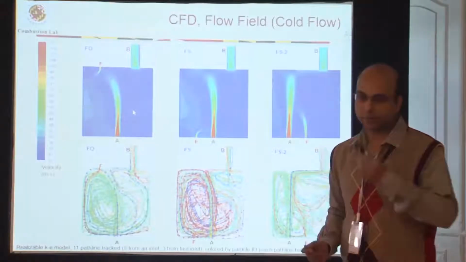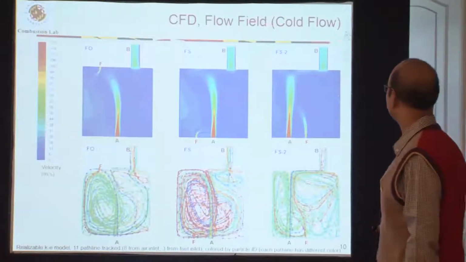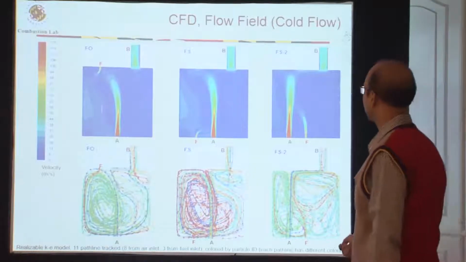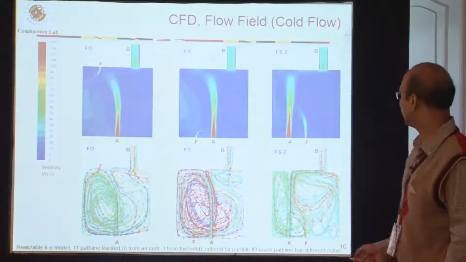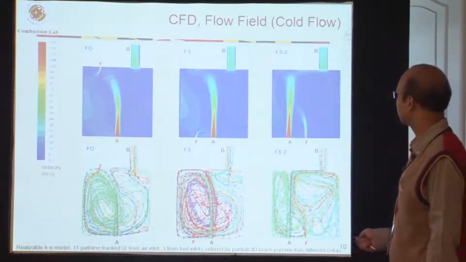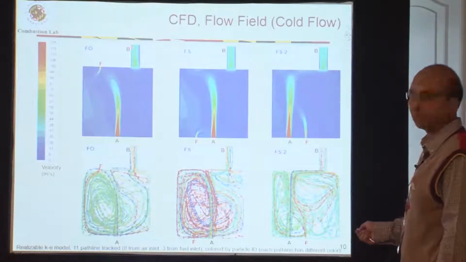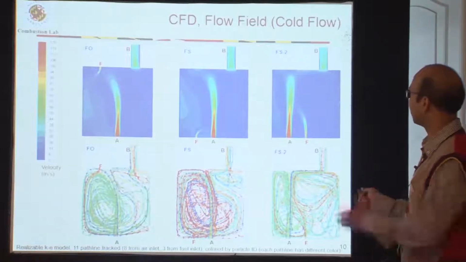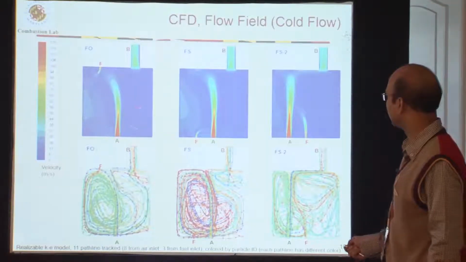We did a very simple CFD analysis using a commercial code. These are for non-reacting flow cases, and we just wanted to see what happens to these jets in the cold flow simulation. In this case, if your air is injected from the center and your exhaust is offset, so it is not symmetric, then there is a pressure difference.